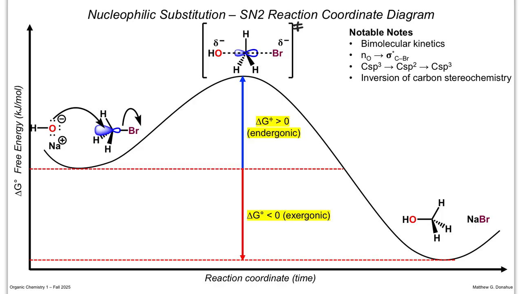But at the highest point, now we have this central carbon and the 3 hydrogens. The transition state will look like that, sort of this 5-coordinate thing, where the 3 substituents of carbon that are still remaining have to be in a plane. And so this is kind of like your p orbital. This bond is forming, this bond is breaking, and then that's going to leave.